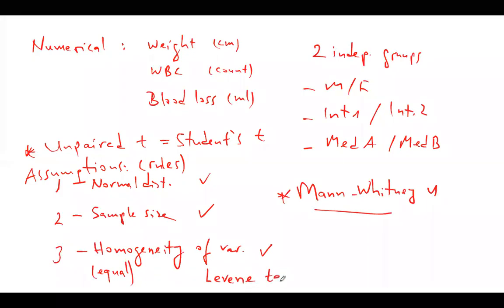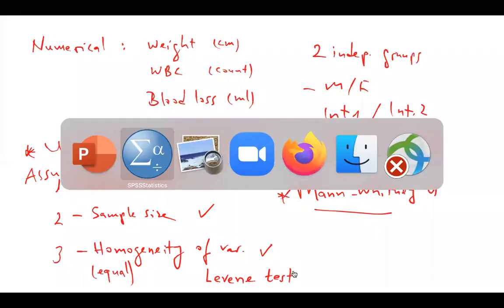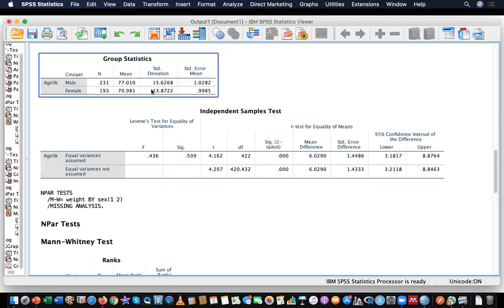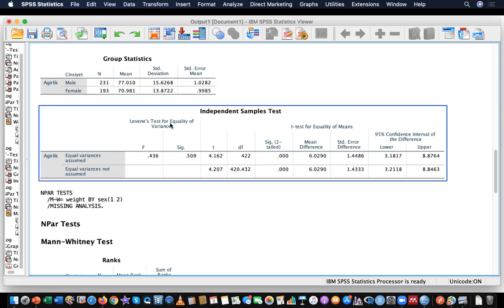The Levene test is done by SPSS automatically; it comes with the independent samples t-test. Since we have a high p-value in the Levene, we meet this third assumption.